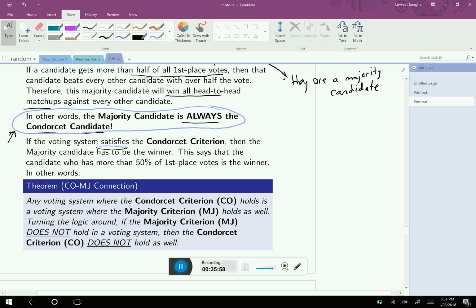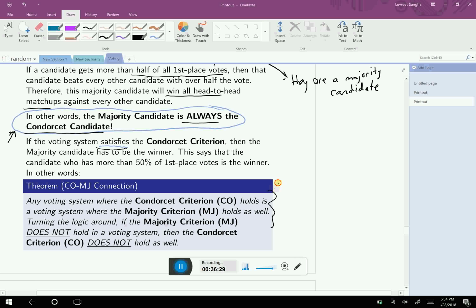So the key theorem here says that any voting method or voting system where the Condorcet criterion is satisfied, the majority criterion is also satisfied. So the reason for that is, if you want to show the majority criterion is satisfied, you have to show that anytime there's a majority candidate, that person has to win.